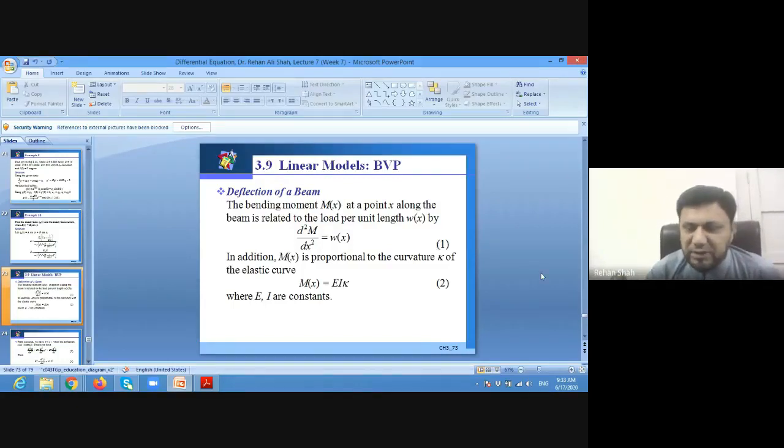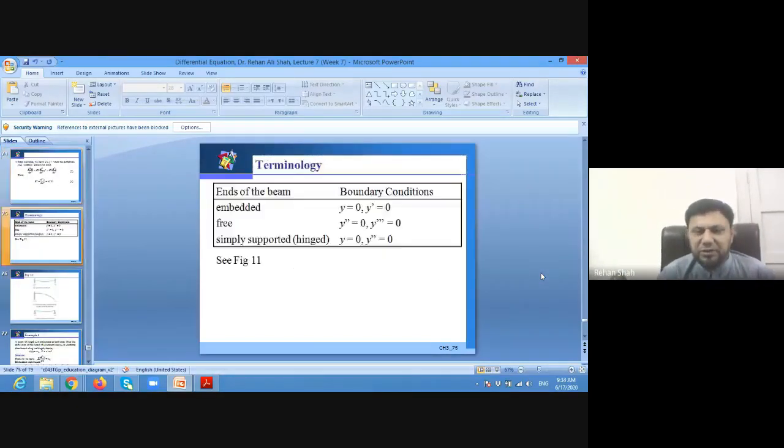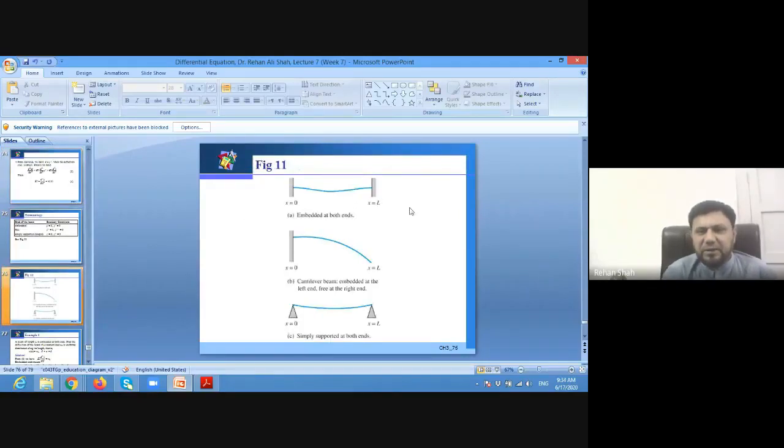Look here a little, look at the types of beams. There are 3 types of beams. One is the beam which is fixed from 2 ends. This is a beam which is fixed at 2 ends. One end is at x equal to 0, another is at x equal to L. This is another one which is fixed from one side and free on the other end.